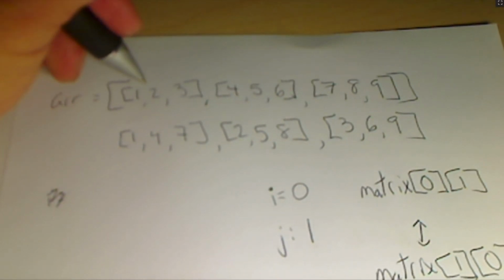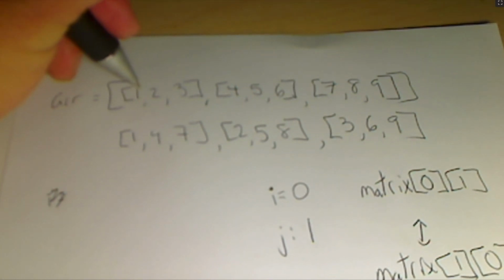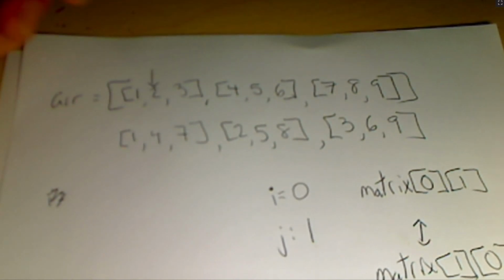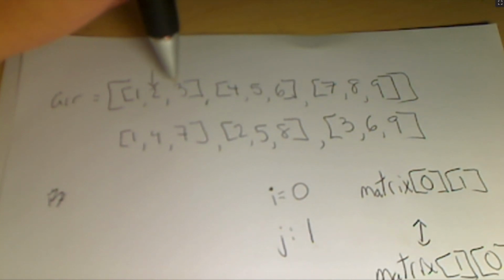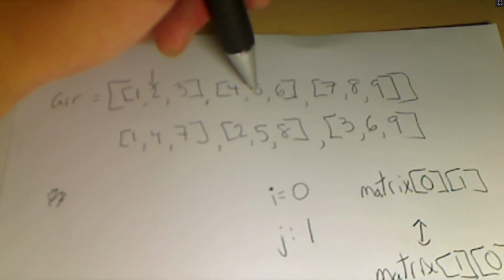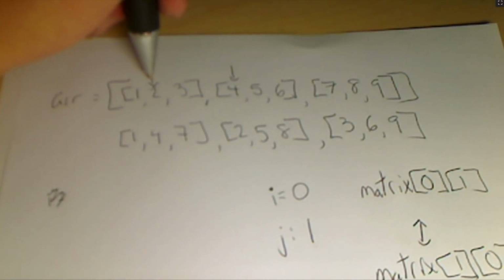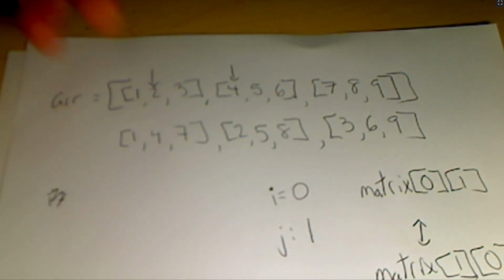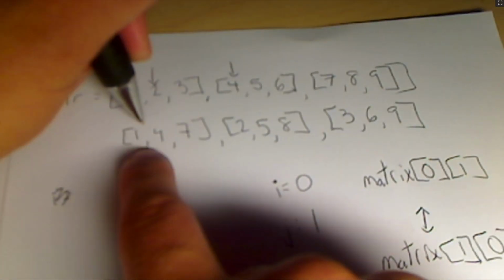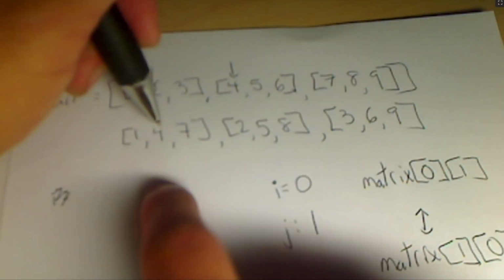So let's find that. 0, 1 is right here. And where is 1, 0? It's the 1st row and then the 0th element, which is this one. Since something is a little off? No, nothing's off, because remember we want to do 1, 4, 7. Okay, we're good.